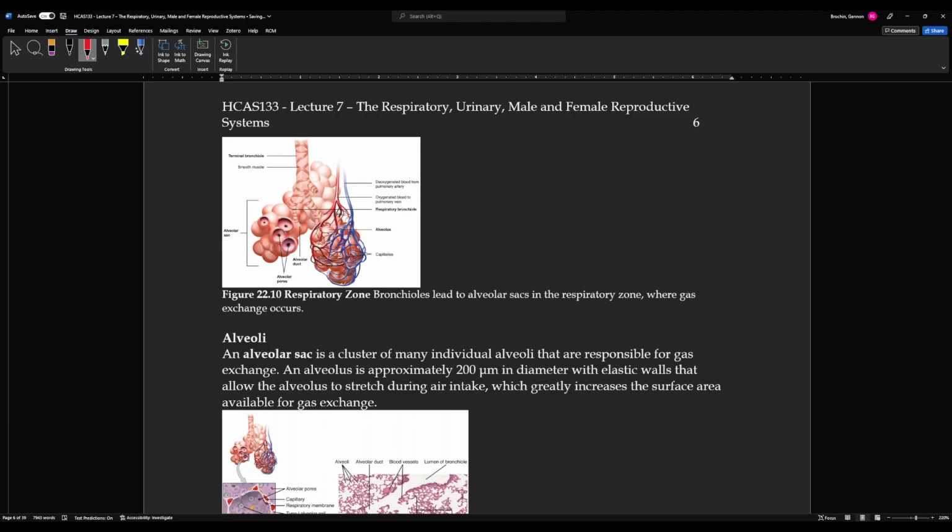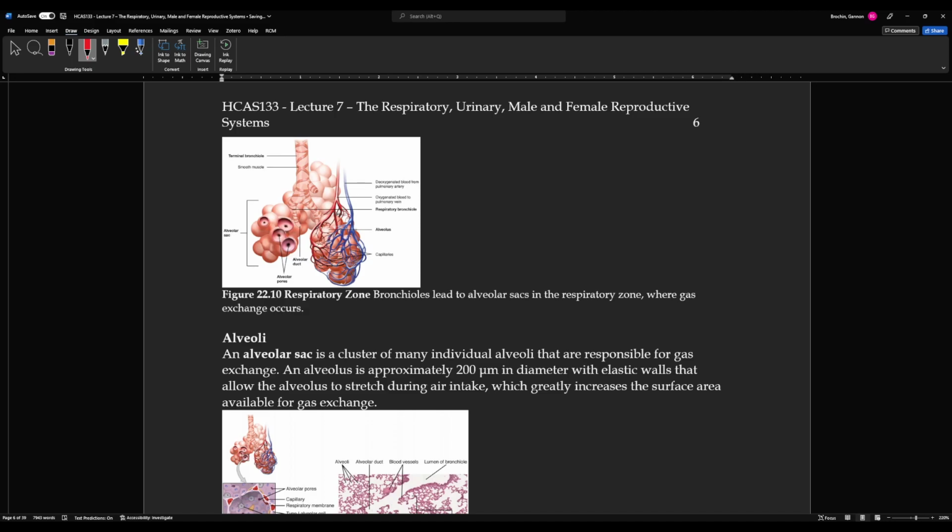We have sacs of alveoli, and these alveolar sacs are incredibly thin, and this is where all the magic happens. They're surrounded completely by capillaries to allow exchange of gases and other substances, because in fact we do exhale substances that are more than just carbon dioxide and gas.